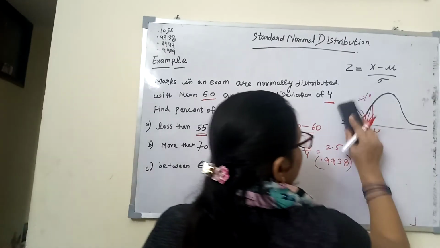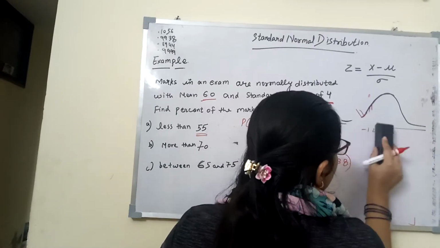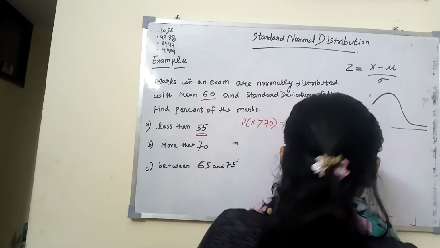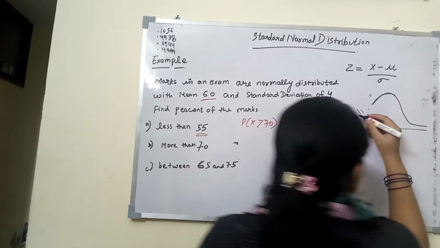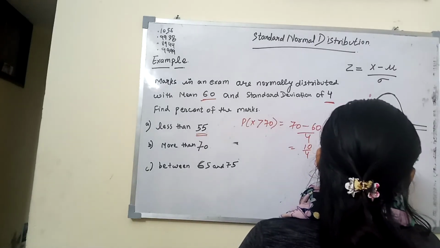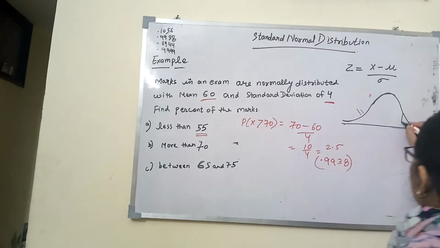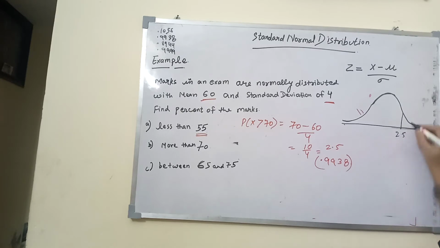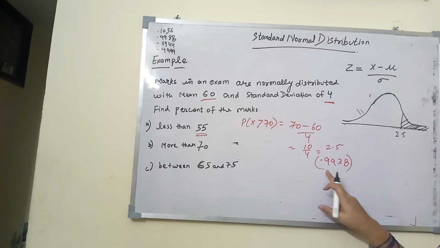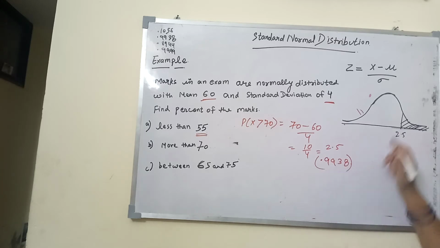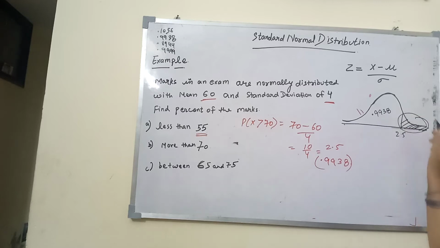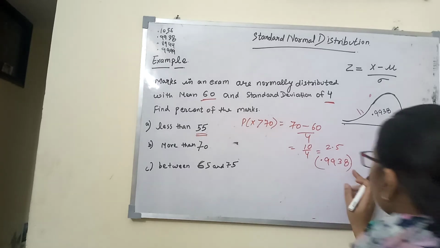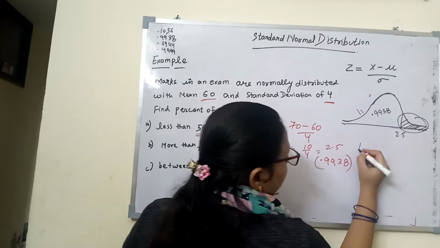If I show it on the graph, this is our z, and we have to find the probability of this shaded region, but this is the value of the region to the left. So to find the shaded region, we will subtract this probability from 1.